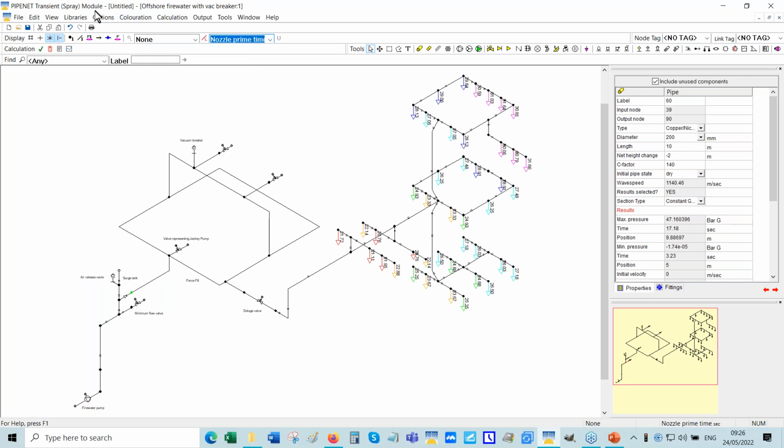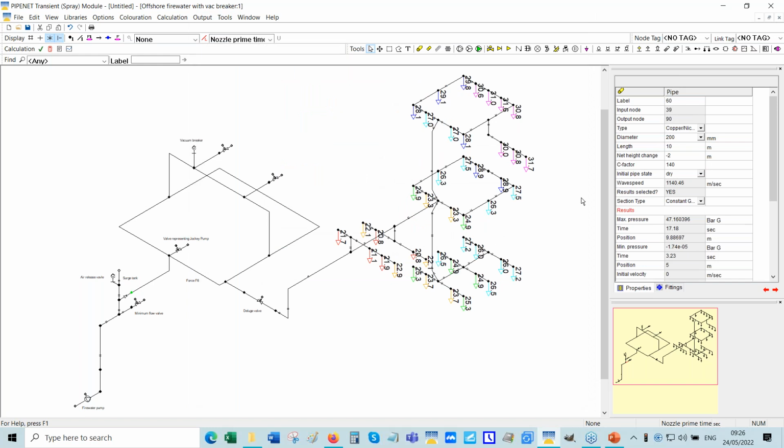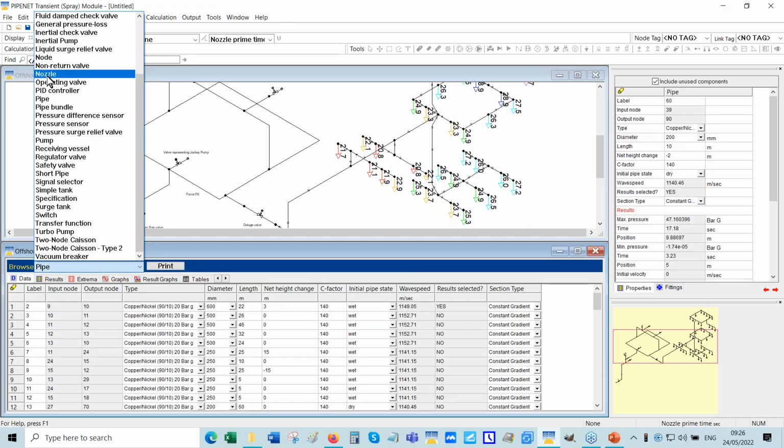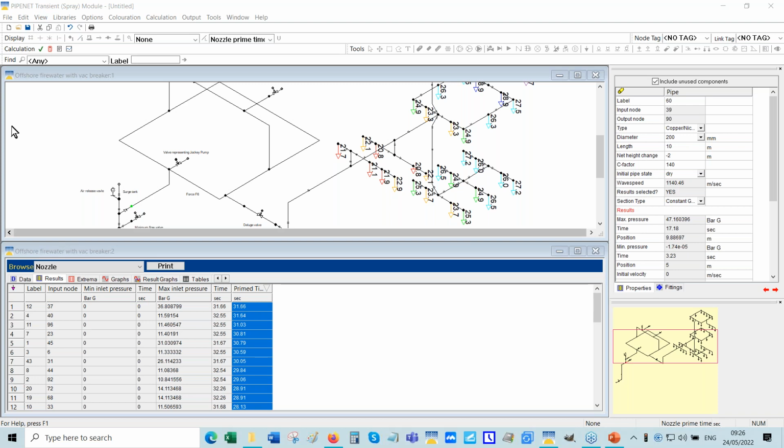Nozzle priming time. Let me change the font size. So, see, that's 31.7. Of course, we could always go to this, 31.66.